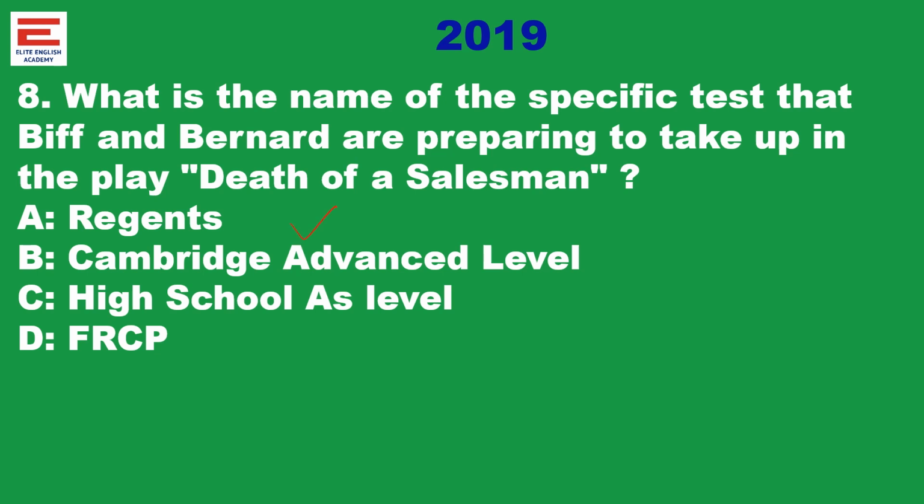Actually the rivalry between Willie Loman's son and his boss's son is continuing, right? So it is the Regents exam. In some of the keys it is mentioned as the Cambridge Advanced Level test. Actually that is wrong. So Regents is the right answer. If you have any doubt, you can go through Act 1 Scene 7.